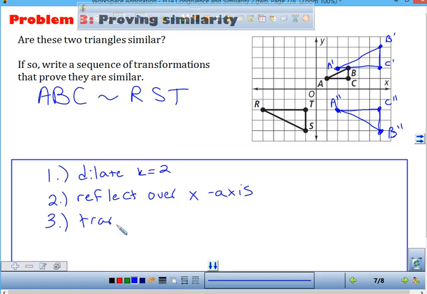A translation is the only thing that moves it by keeping the same orientation. So we're going to have X, Y translates to... Okay, so we have to move. If I use A double prime, I have to get it on top of what? R. So we have to move 1, 2, 3, 4, 5, 7. Very good. X minus 7. Y stays the same. I don't need to move it up or down.